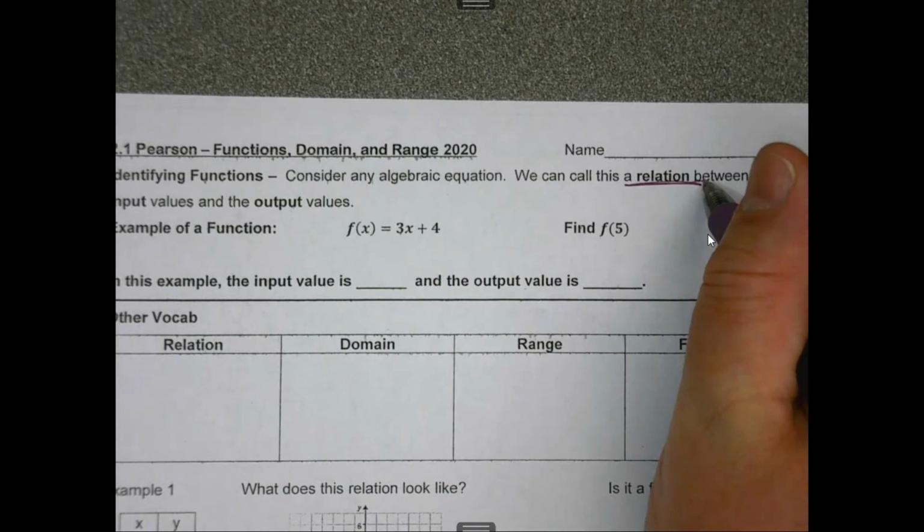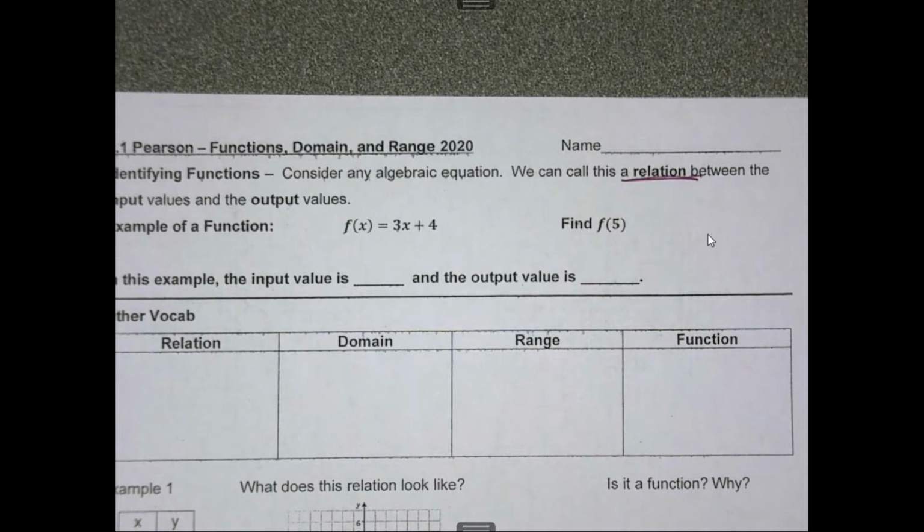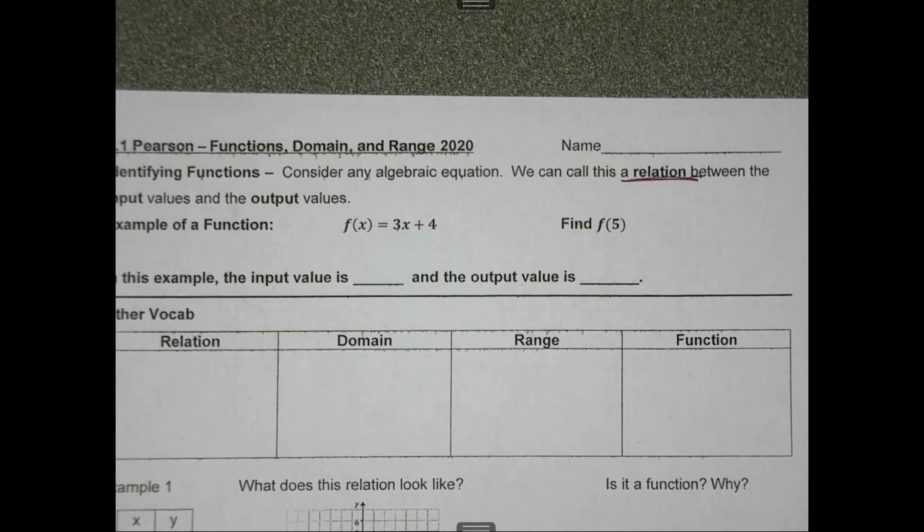Now, a relation is anything that you can graph. So our ordered pairs are now going to be called a relation. That's what we're going to try to call them from here on out in Algebra 2.